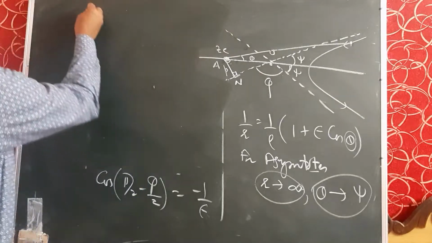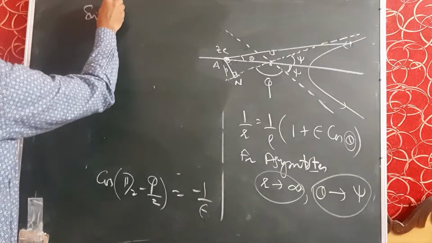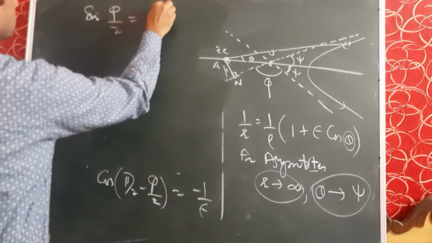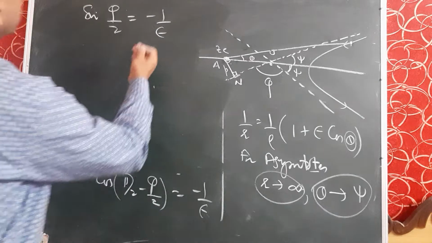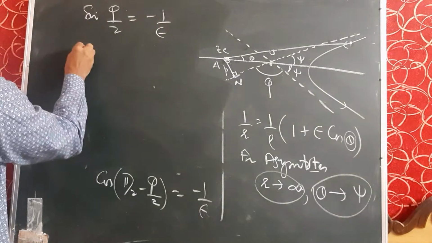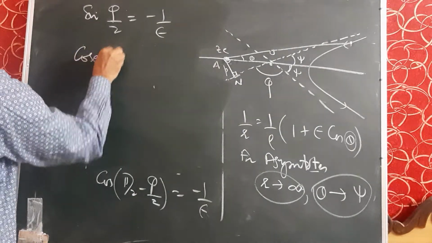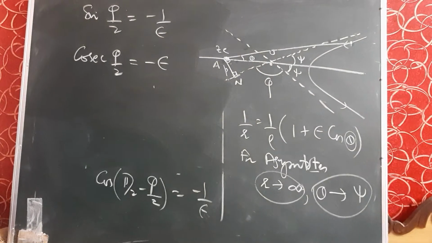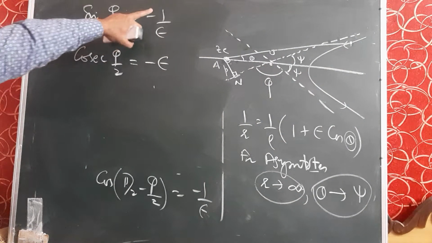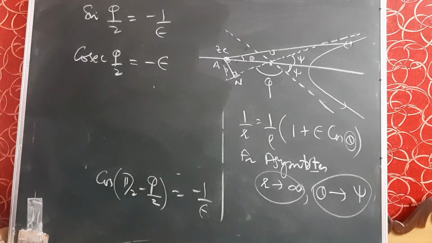Hence, it will become sin phi by 2 is minus 1 by epsilon. Taking reciprocal, 1 by sin becomes cosecant, so cosecant phi by 2 is equal to minus epsilon. I have taken the reciprocal on both sides: sin becomes cosecant and 1 by epsilon becomes epsilon.